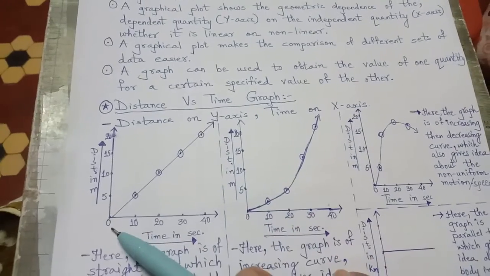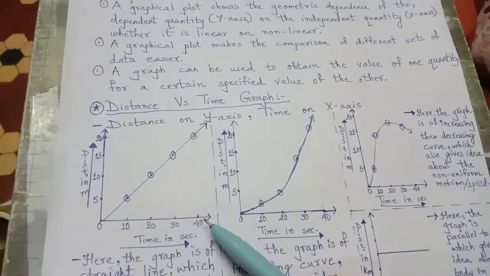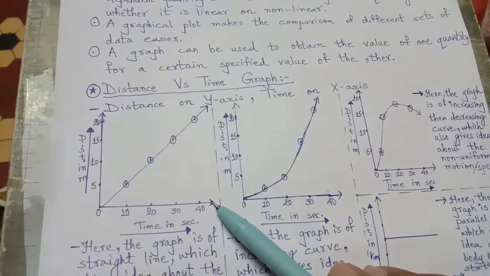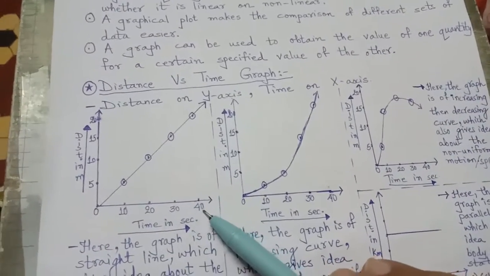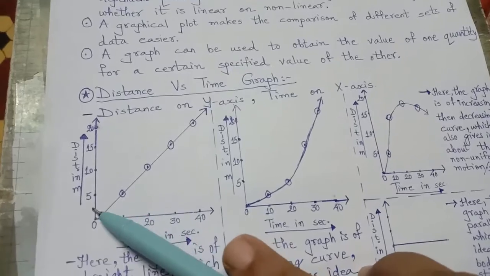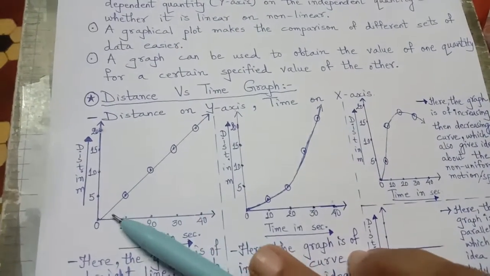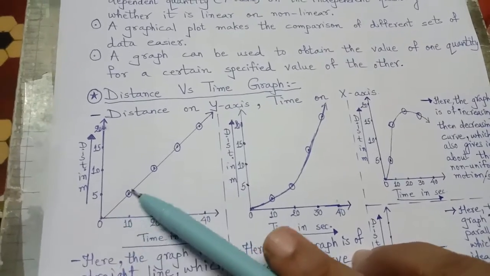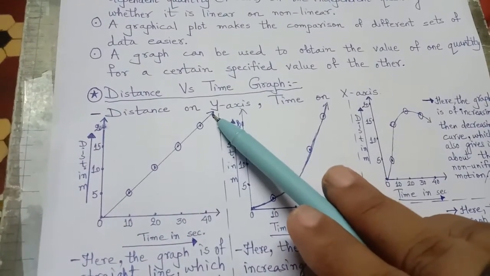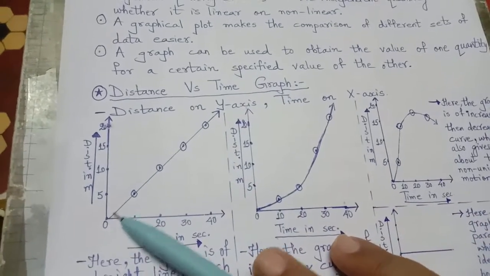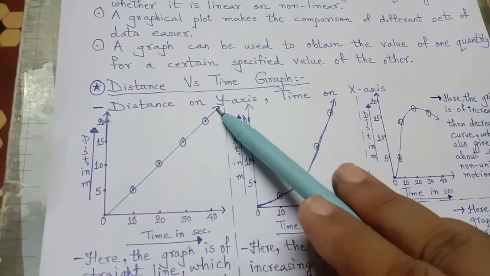So the interval of time is similar: each consecutive time it is 10 seconds increasing, and each consecutive distance it is 5 meter increasing. So we are getting a linear straight graph. You can see a straight line.